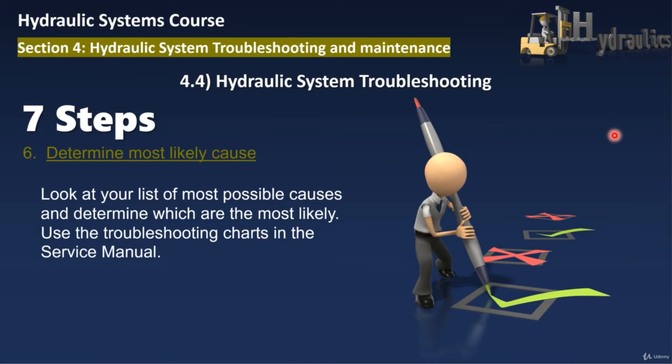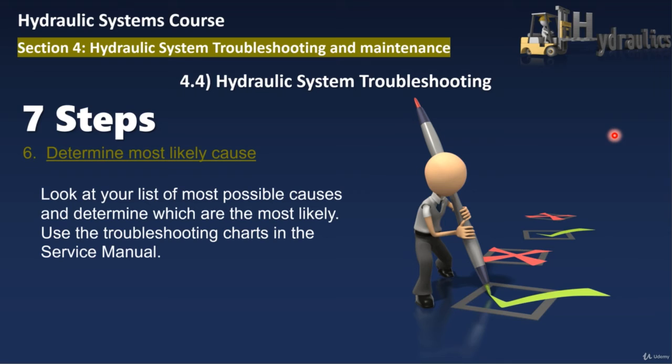Then determine the most likely causes. After listing down all the causes, make a priority matrix. Put the cause that you feel is the main reason for this malfunction at the top, and then go through the others one by one.